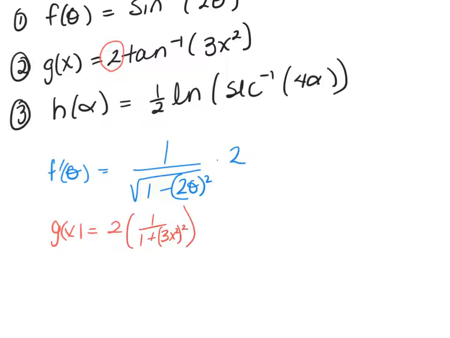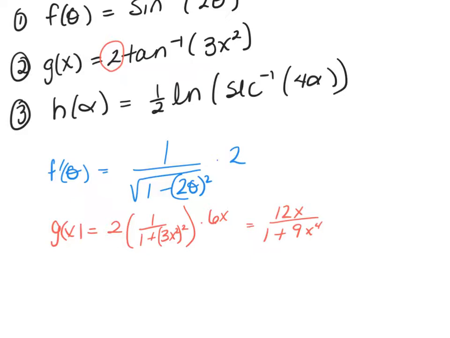And then I still have to do the derivative of the 3x squared, so multiplied by 6x. So my final answer is going to be 12x over 1 plus, go ahead and distribute the squared in the denominator on the 3x squared, giving me 9x to the 4th. So that is my answer for g of x.